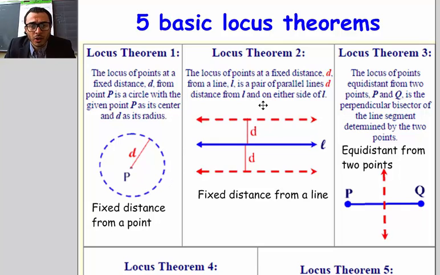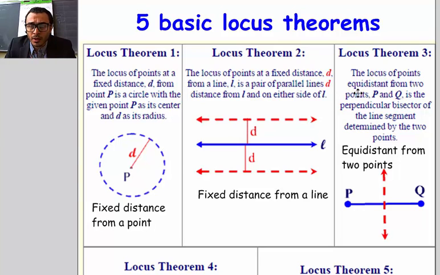Then in the second video we looked at another locus condition, fixed distance from a line, and we said that the locus of points a fixed distance from a line will produce a pair of parallel lines a fixed distance away on either side of that line.